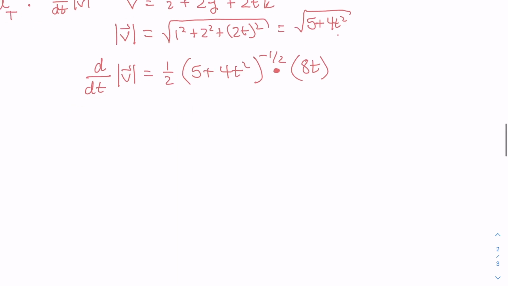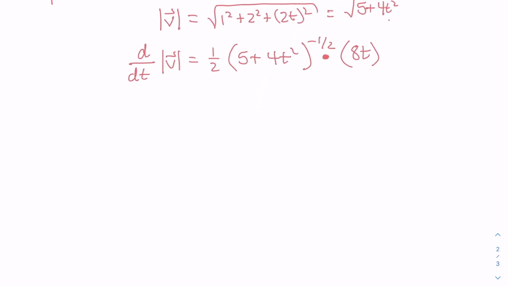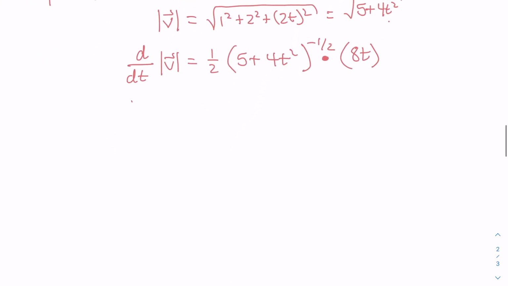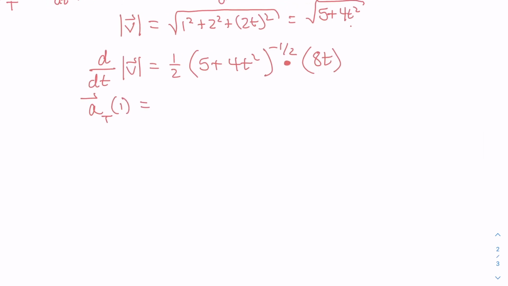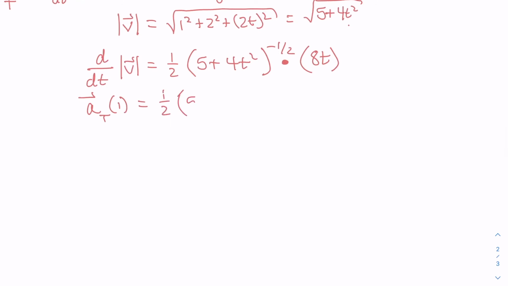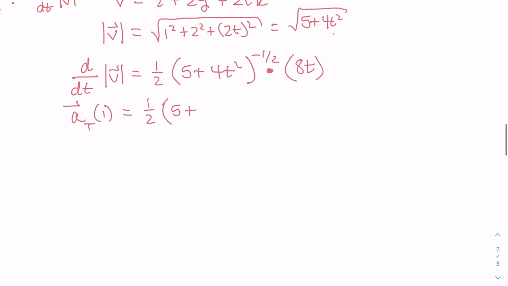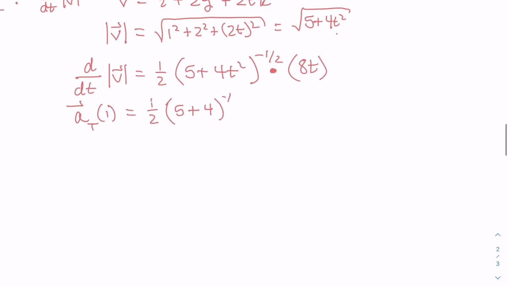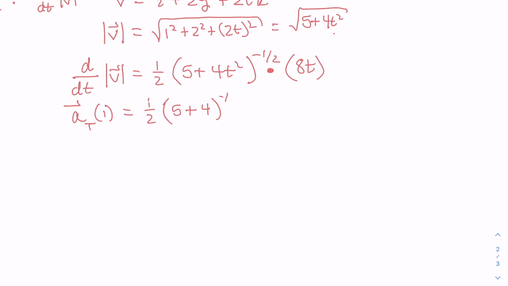So let's evaluate it at the specific value of t, which was t equals 1. So a sub t evaluated at 1 is going to be plugging 1 into this, which ends up giving us 1/2 times (5 plus 4) to the negative 1/2 times just 8.